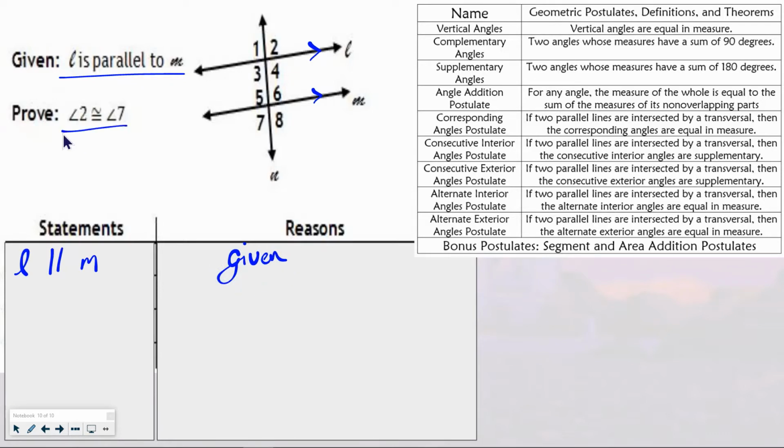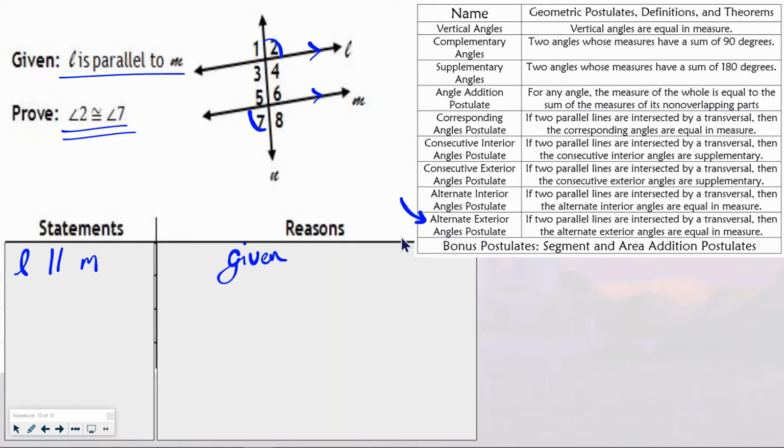We want to end with this provable statement. So we want to get to angle 2 is congruent to angle 7. And really, in our list of definitions that we've already established, we have that as alternate exterior angles.